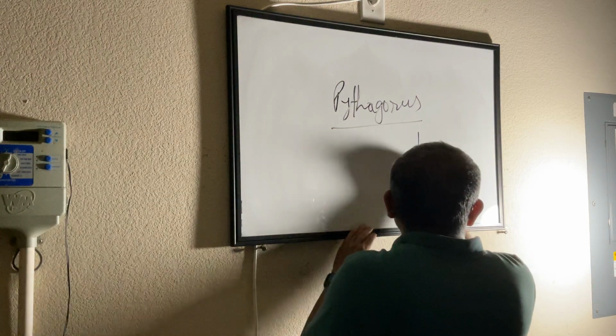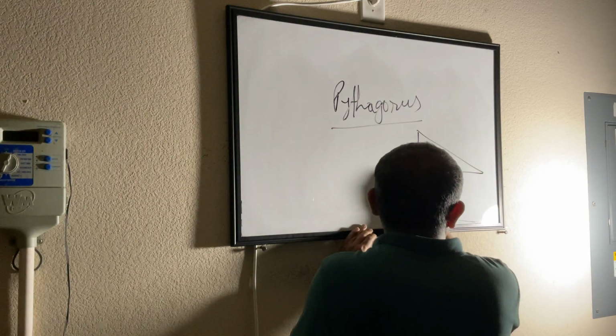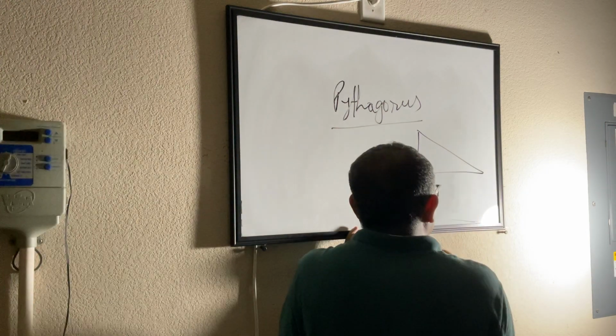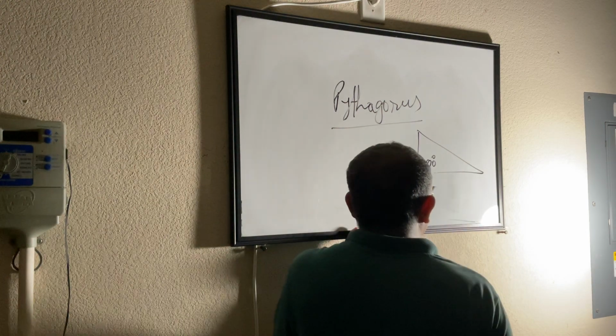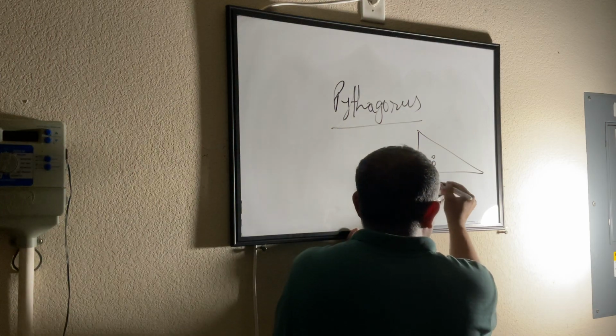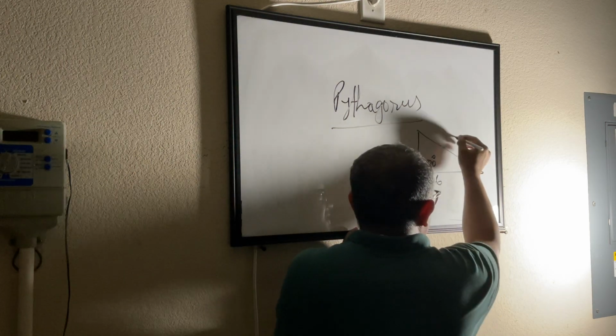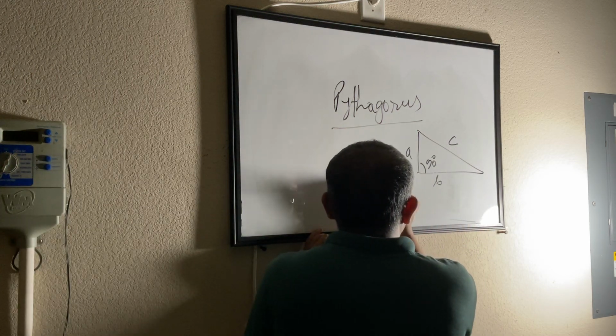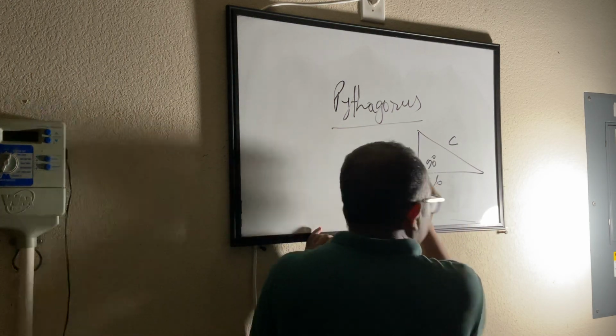And that Pythagorean Theorem applies for a right angle triangle, which says if you have a right angle triangle, and these are the two sides making the 90-degree angle and this is the hypotenuse, a square plus b square equal to c square.